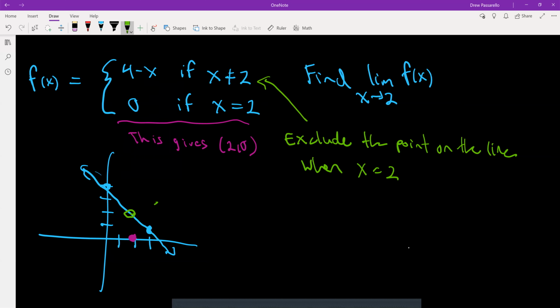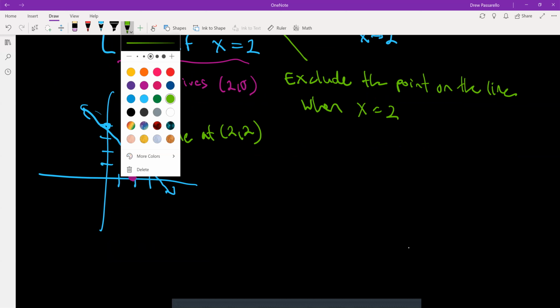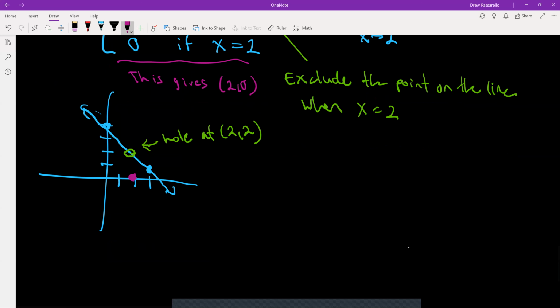There's a hole in the graph on the line provided by 4 minus x when x is 2. And that hole is the point 2, 2. But the point itself is, so it's like you jump and then put the point on the x-axis at 2. So the point is actually defined at 2, 0.